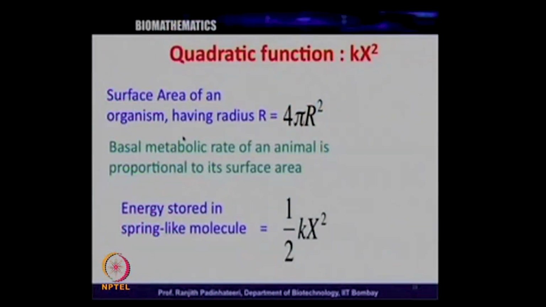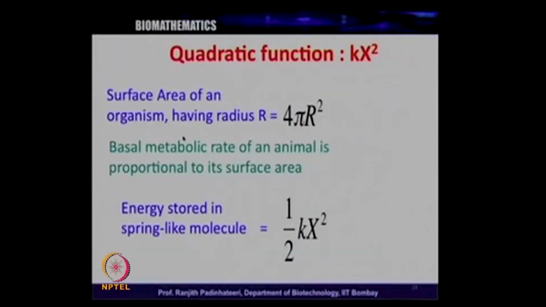For example, the surface area of an organism. If you have a spherical organism, the surface area is basically 4 pi r square again. And this is important because the basal metabolic rate of an animal is proportional to its surface area.